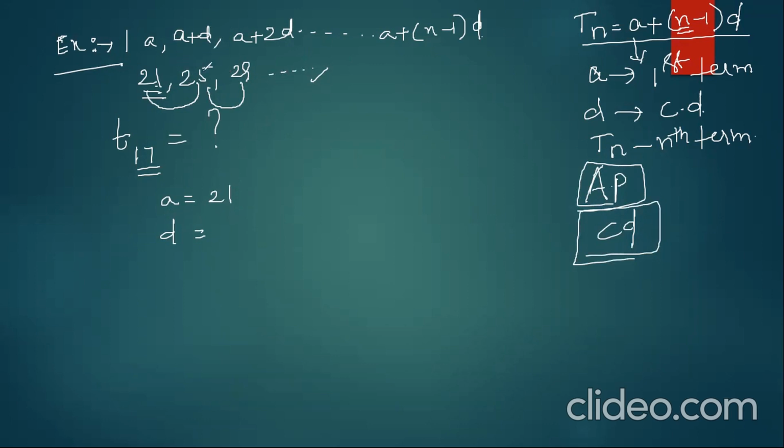T2 minus T1, second term minus first term, is 4, and the third term minus the second term is also 4. We are getting the same common difference, so we can decide the progression is an AP. The common difference here is 4.